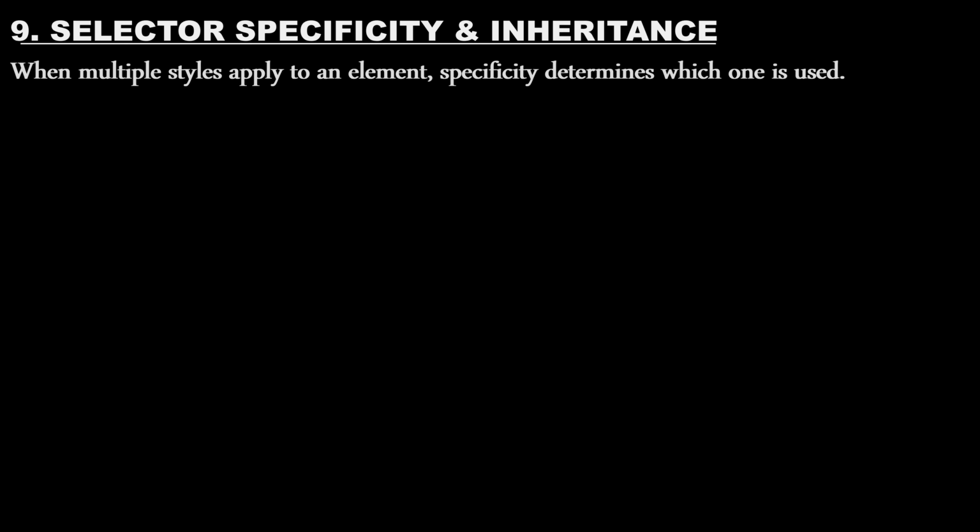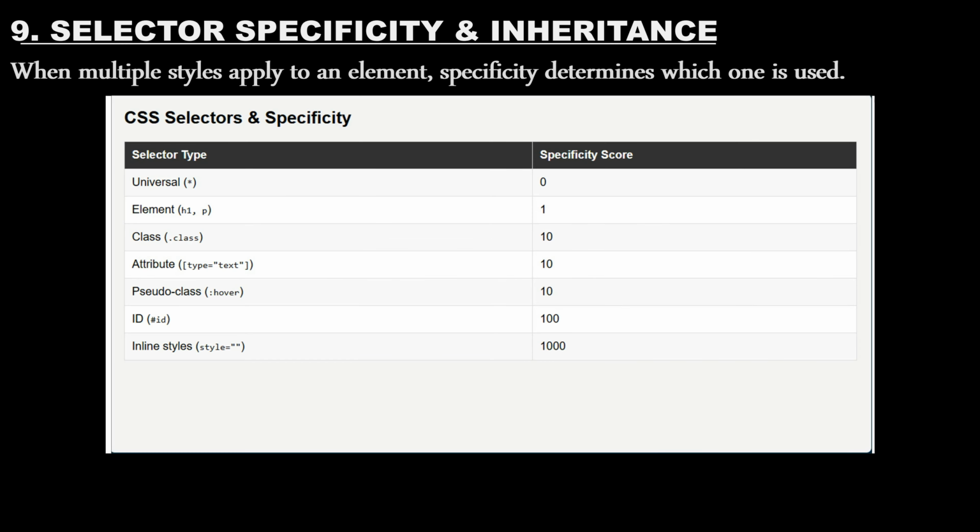9. Selector specificity and inheritance. When multiple styles apply to an element, specificity determines which one is used. This table represents the specificity scores of different CSS selectors. CSS specificity determines which styles are applied when multiple rules target the same element. A higher specificity score means the rule has a stronger priority over others.